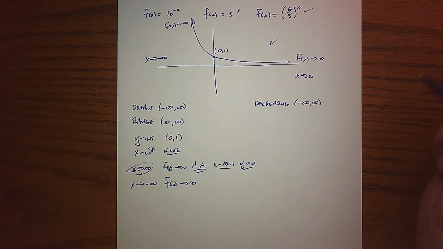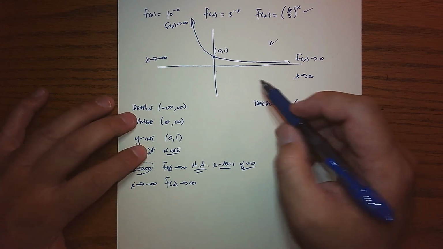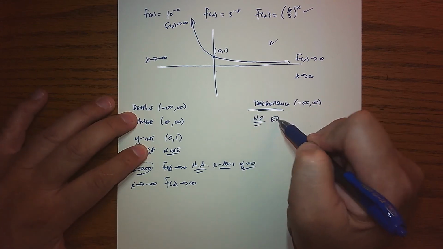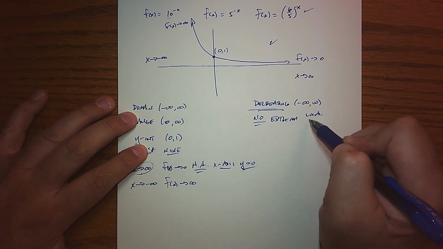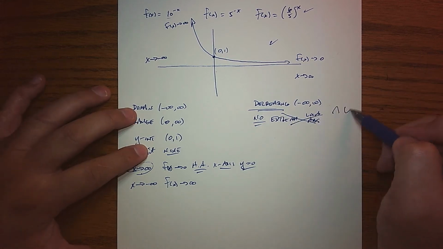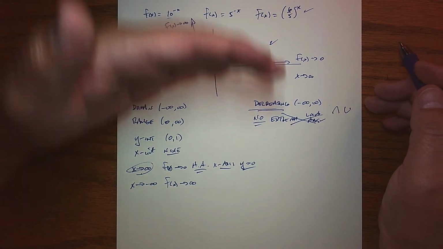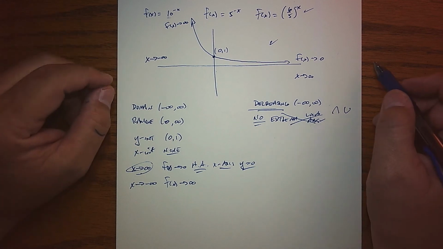Because it's always decreasing, that also means it has no extrema. There's no local max or min. There's no absolute max or min, because we never assume a highest value and we never assume a lowest value.